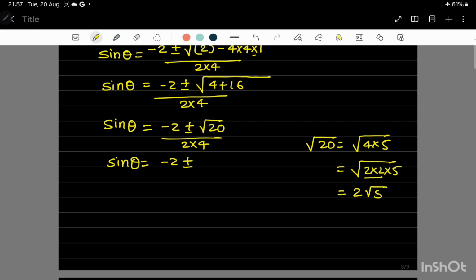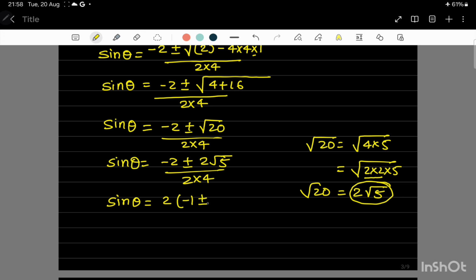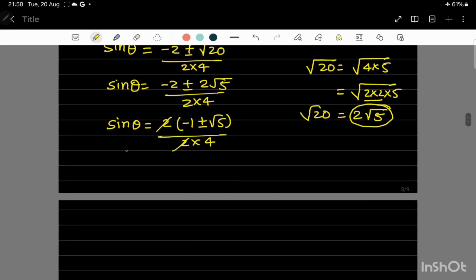So we can write here 2 root 5. Root 20 is 2 root 5. So 2 root 5 divided by 2 into 4. And then we can take 2 common. So if you take common, then this value becomes minus 1 plus minus root 5 by 2 into 4. So 2 is cancelled.